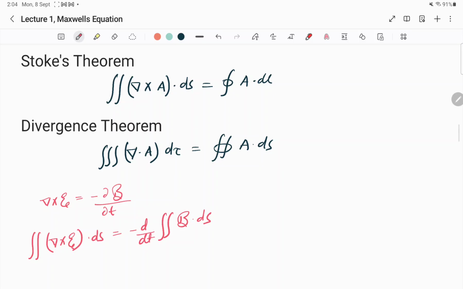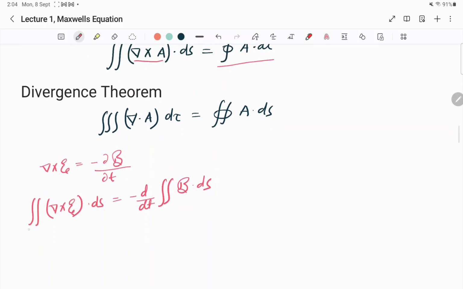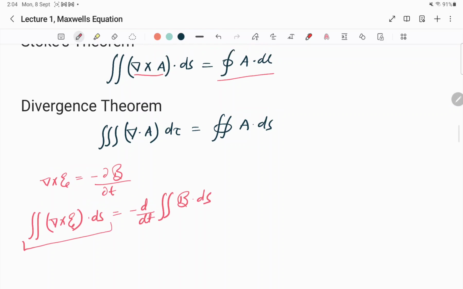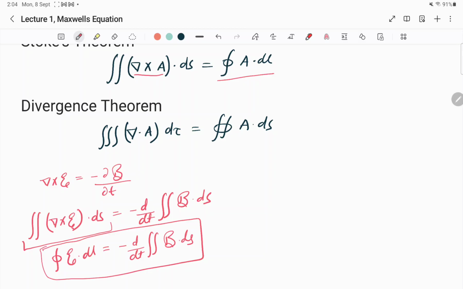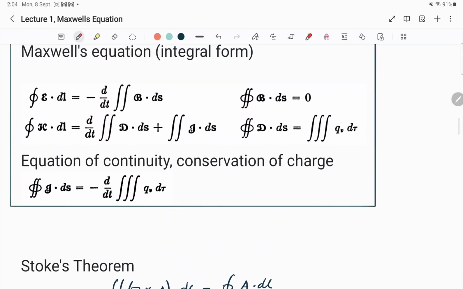So according to Stokes theorem, a surface integration of a curl of a vector can be represented as the line integration of that vector. So the left hand side of this equation can be written as line integration of E dot dl is equal to negative d by dt surface integration of B dot ds. This is what is written here. Okay.